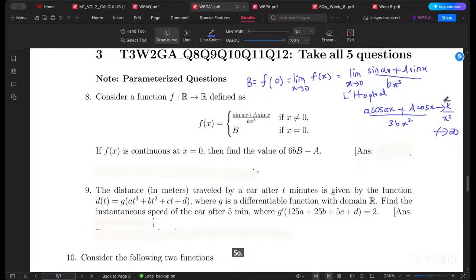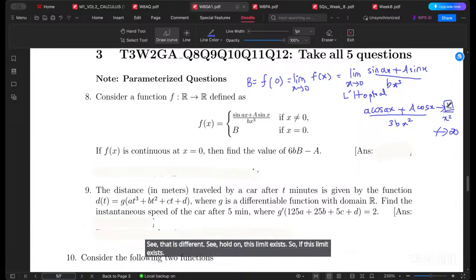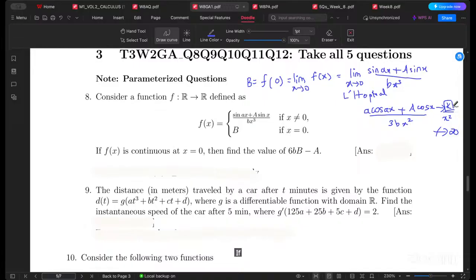Hold on. This limit exists. So if this limit exists, the point is, the k should go to which number? Then this will not go to infinity. If k goes to 0, then you cannot fix what x cube or x power 4 does.